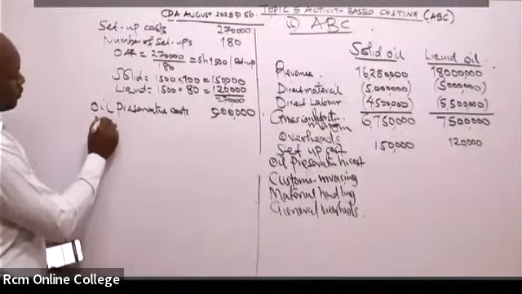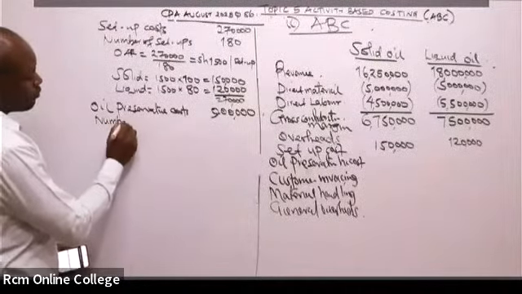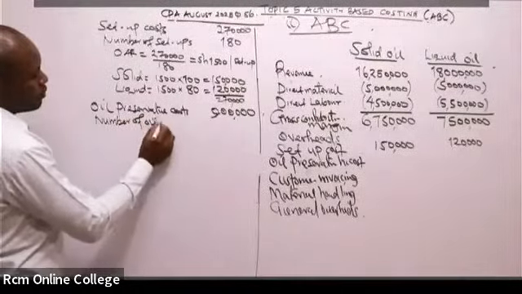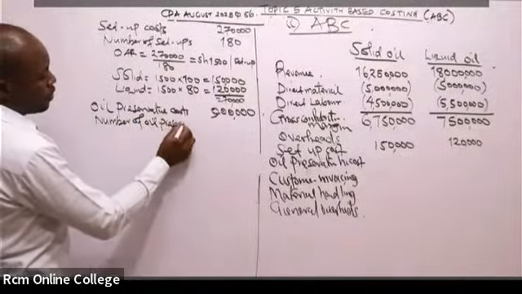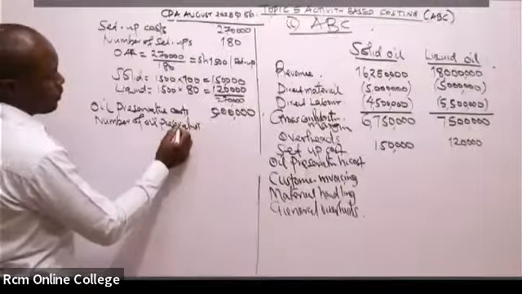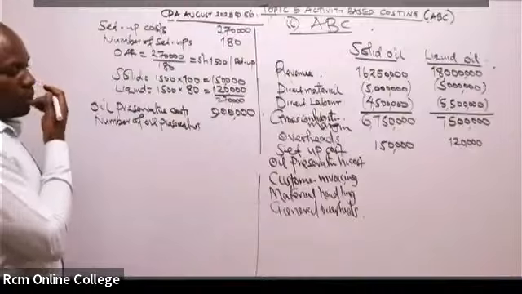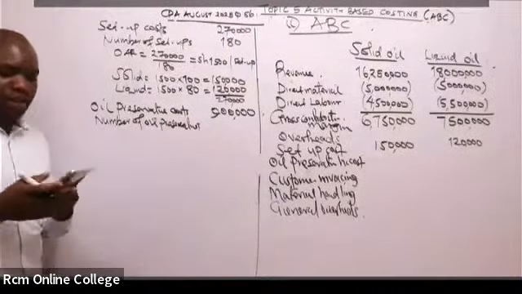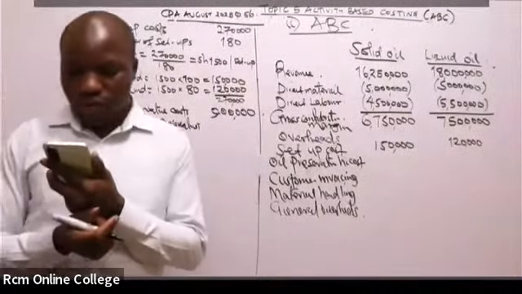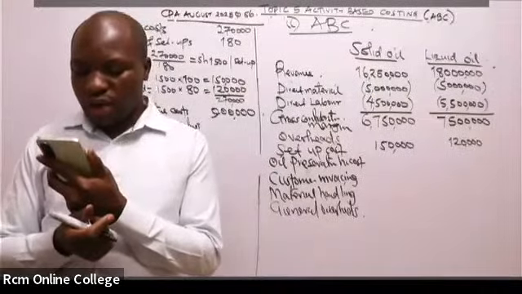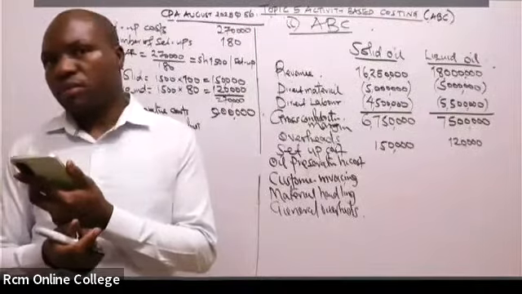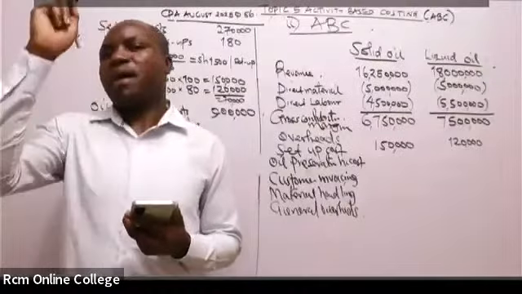So the number of oil preservatives. What we are given there is per liter. For the solid oil, we have 1 preservative per liter.